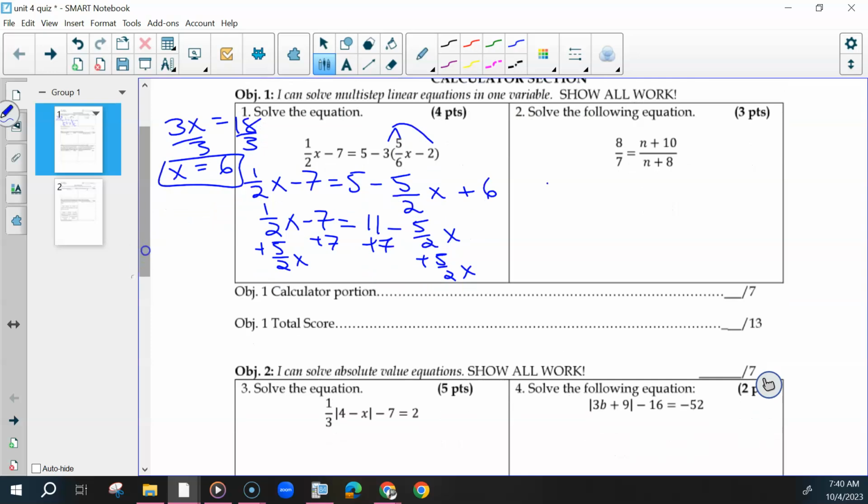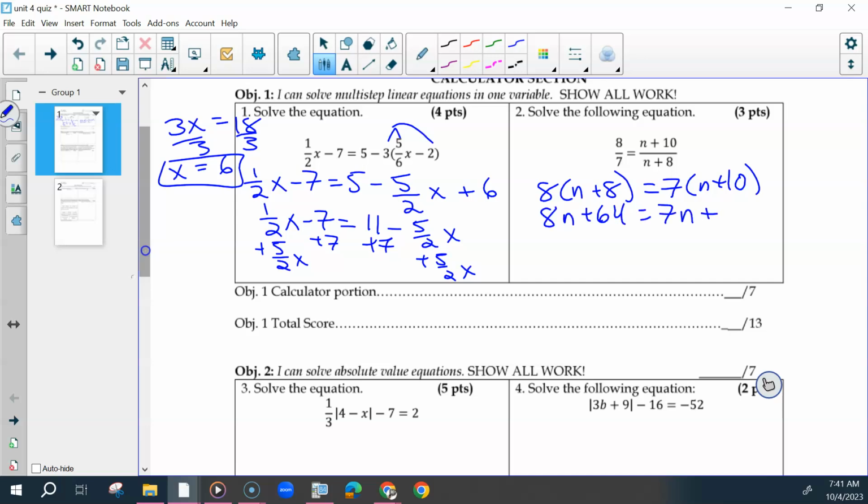Right, this one we needed to cross multiply. So whether you put the 7 and all of that on the right or the left did not matter. Distribute to everything and then start to move.